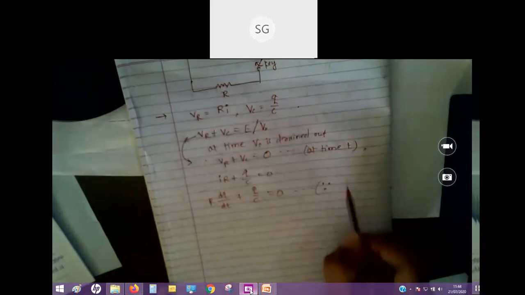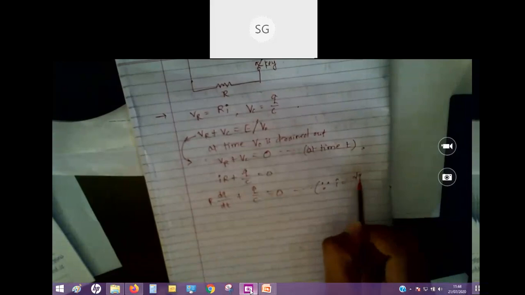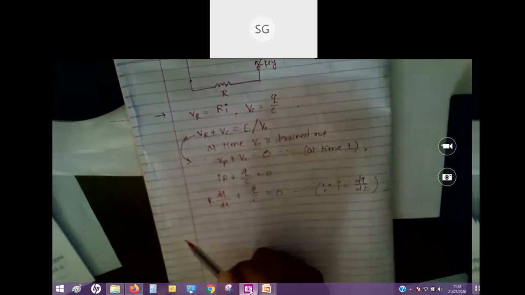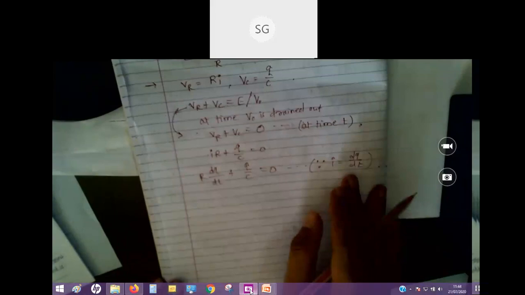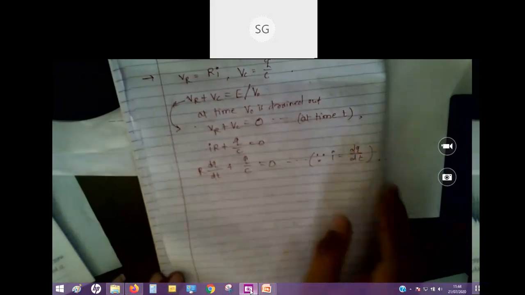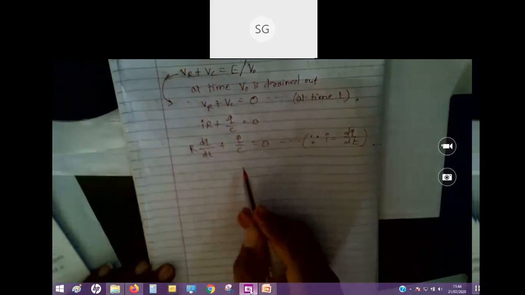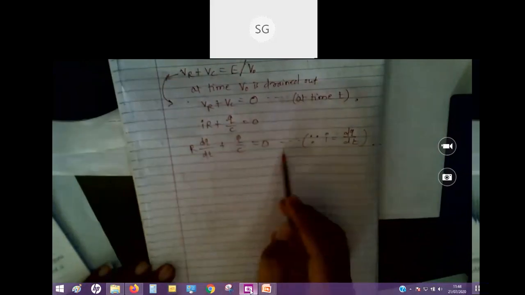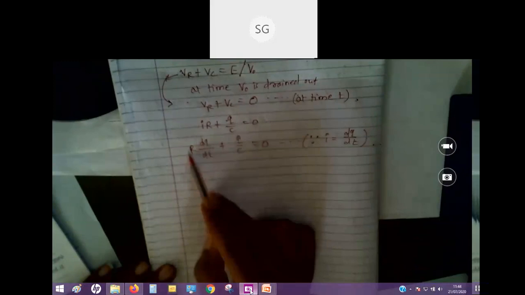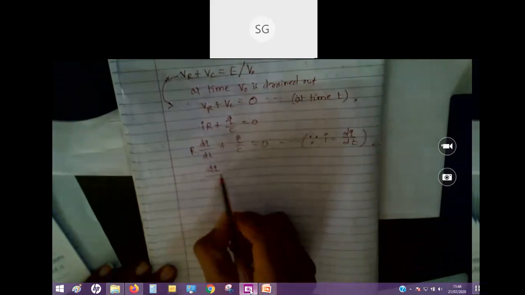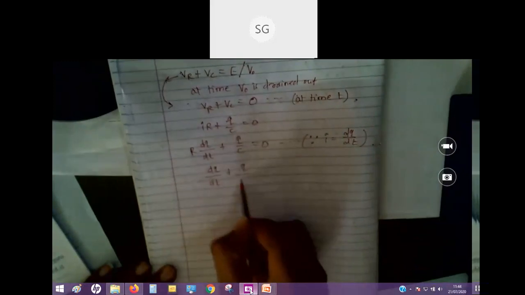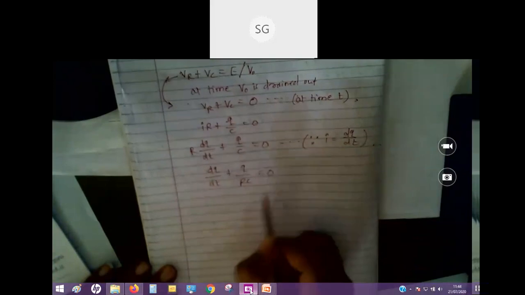That is, R dq by dt plus Q by C is equal to 0. Still this is not in standard form, so dq by dt plus Q upon RC is equal to 0.